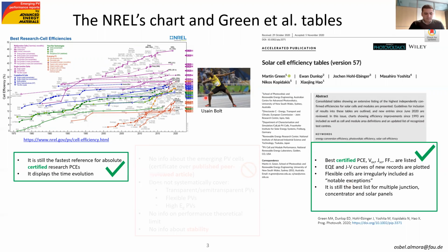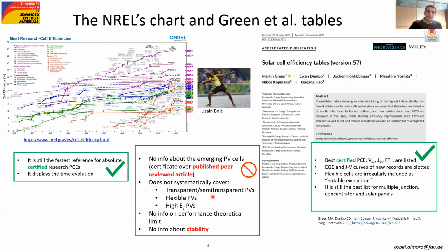However, these references are not really targeting special applications like transparent and semi-transparent, flexible, or high band gap photovoltaics. And we have here only the references for certified performances and not so much about the published peer-reviewed articles.